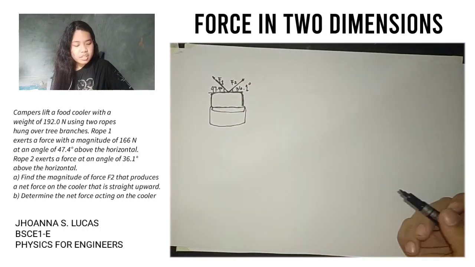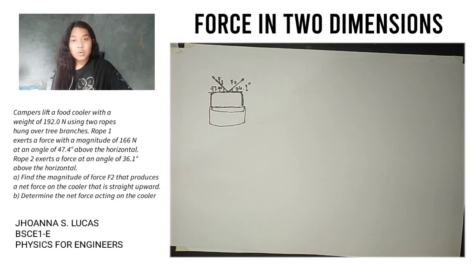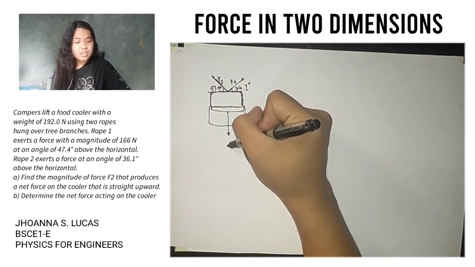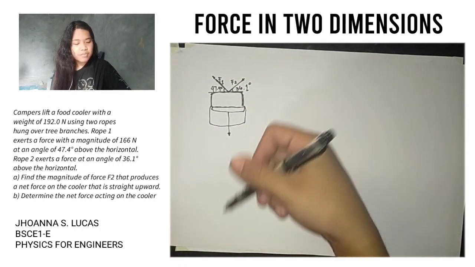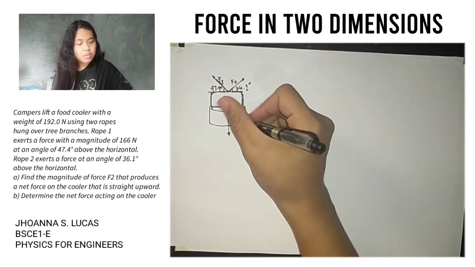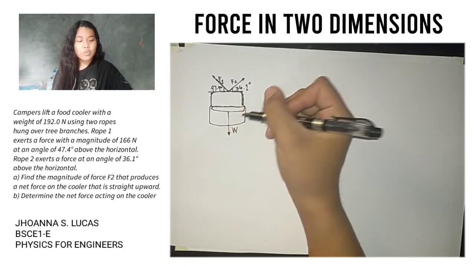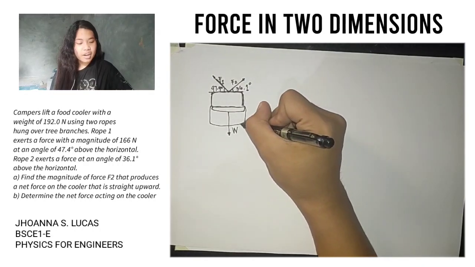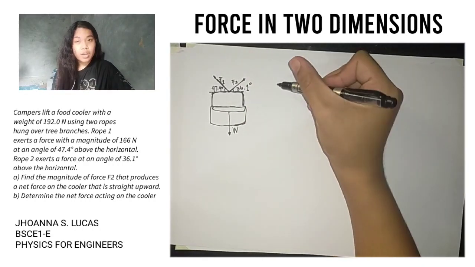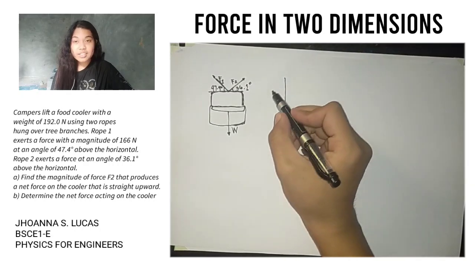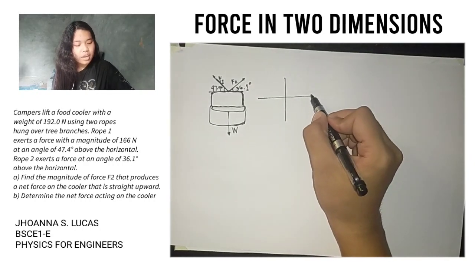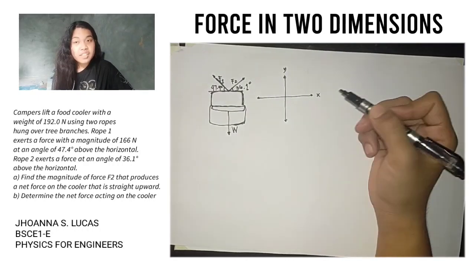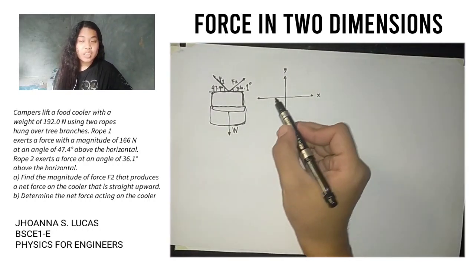So this will be the weight of the cooler since gravity is downward. After illustrating it, we will now use a free body diagram. So this will be the x and y coordinate or x and y axis. This will be the y and this will be the x. The x axis will represent the handle of the cooler.